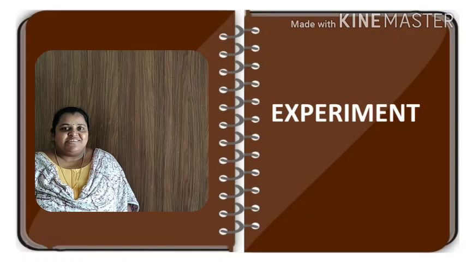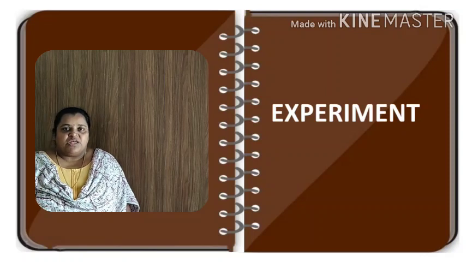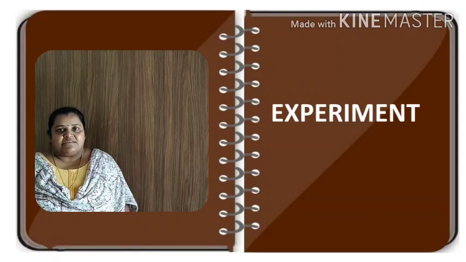Now, let us discuss in detail an experiment to prove evolution of oxygen during photosynthesis when sunlight falls directly and indirectly.